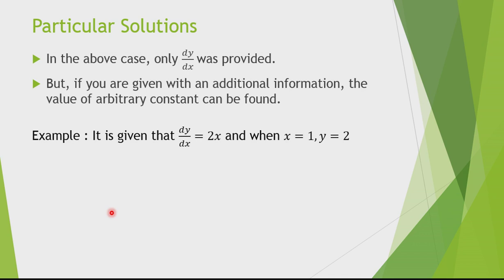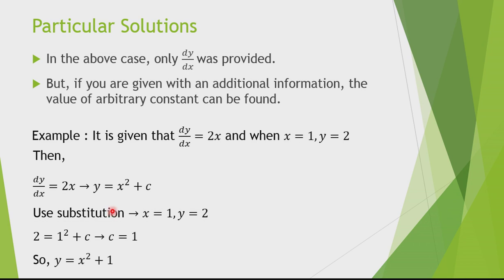Then we can come up with a particular solution by substituting x equal 1, y equal 2. So 2 equals 1 squared plus c, which results in c equal to 1. Finally, we substitute the c value, this arbitrary constant, as plus 1. So we have a particular solution for this differential equation as y equal x squared plus 1.